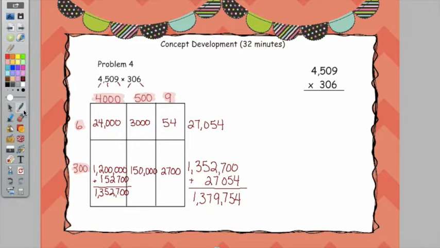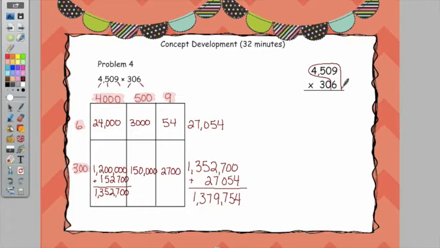On the standard algorithm, we need to look at how many partial products we're going to have and plan ahead for this. So if you look over on the side of the area model, Tegan, you'll see that I have how many numbers I'm multiplying by? A 6 and a 300, right? So that means I only have 2 partial products.